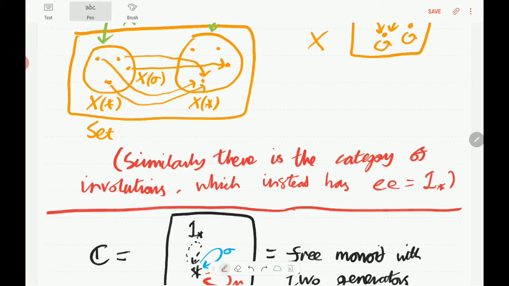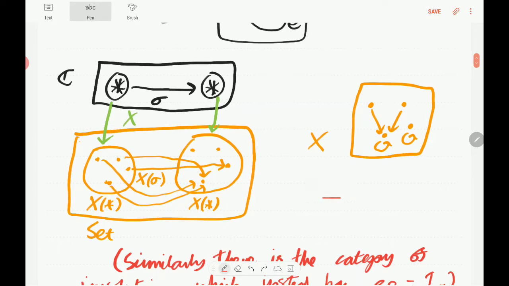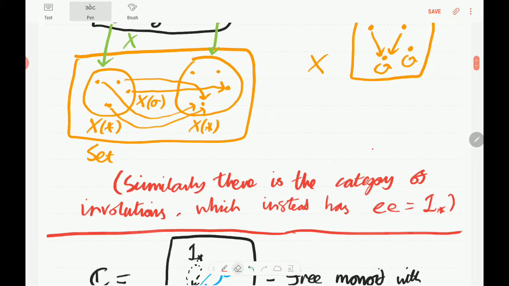And then we have the so-called category of involutions. And in that case, the objects essentially look like mixtures of fixed points and two-cycles, combinations of fixed points and two-cycles constitute the objects of that category of involutions.